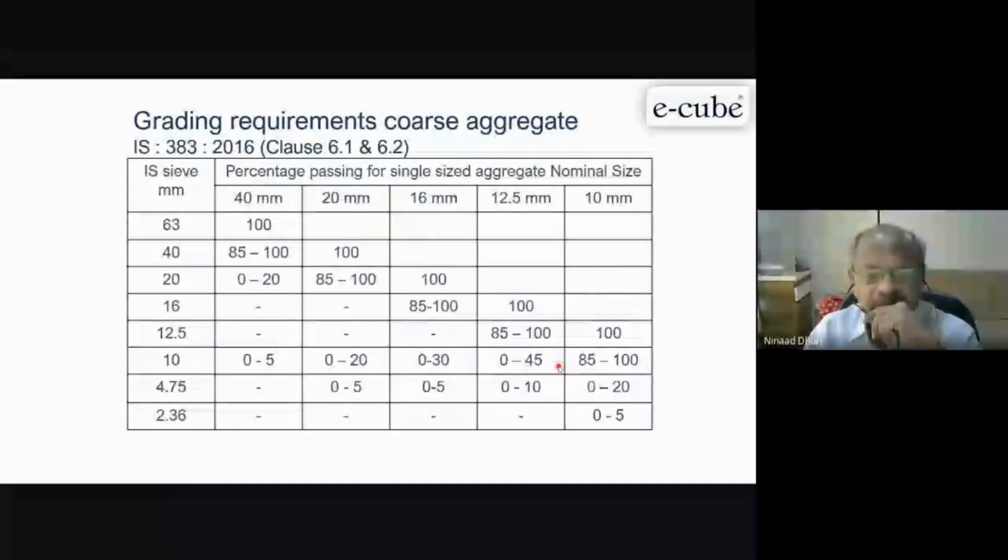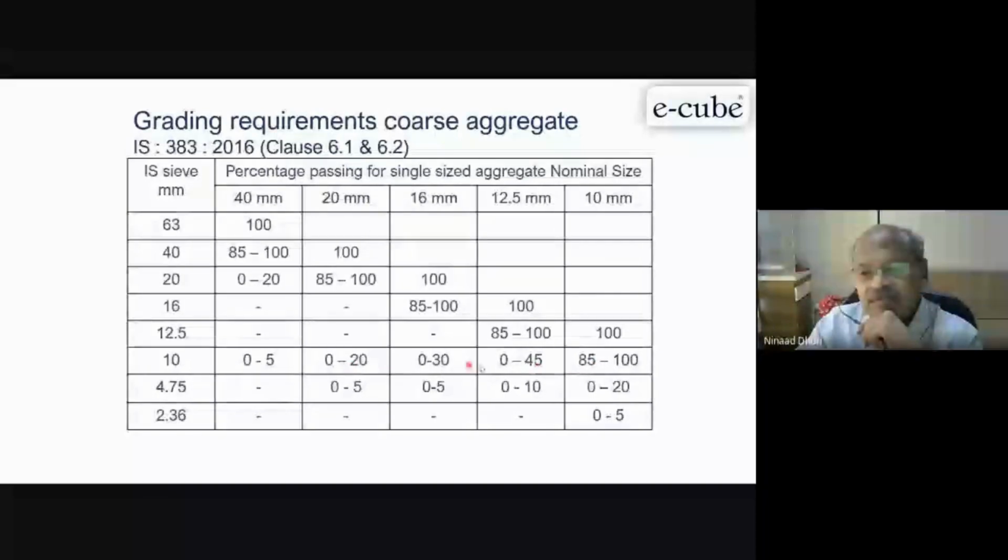Means you get 20 mm aggregate, you see this grading. So this grading is there, 10 mm is there, and then 5. They should not have very fine material, because at 4.75 we have sand, which will start again from here. So you have a combination of this and then a combination of this. Now you have 10 mm.